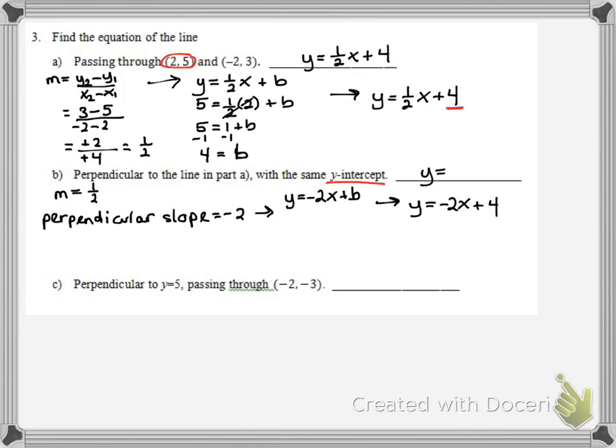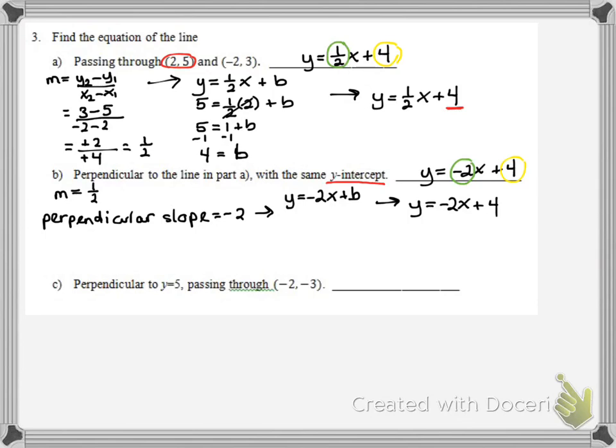So the line we're talking about is y equals minus 2x plus 4. Notice the two answers both have a y-intercept of 4. Now look at their slopes. This is important. One is 1/2, one is negative 2. Those are negative reciprocals, so we are good to go.